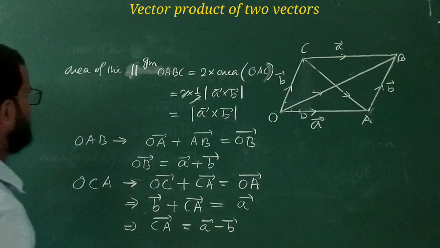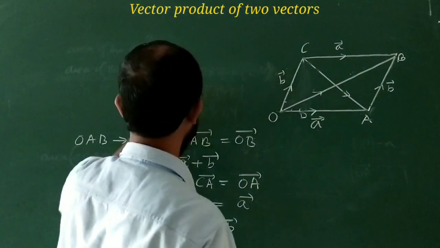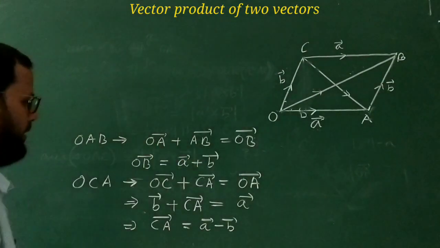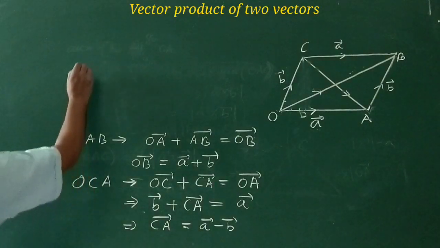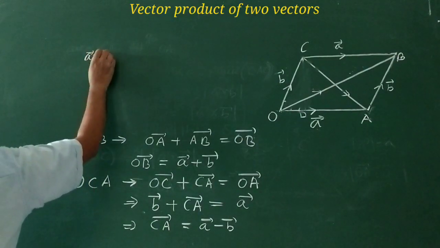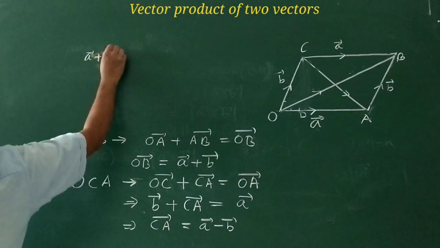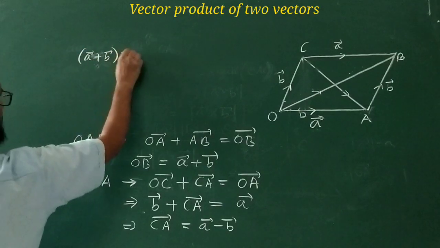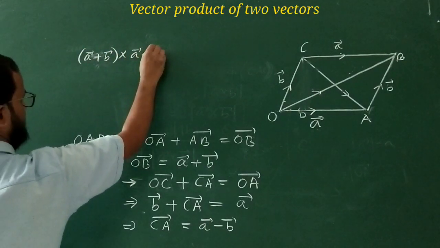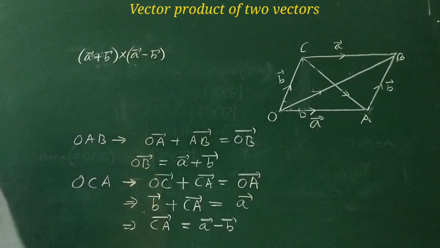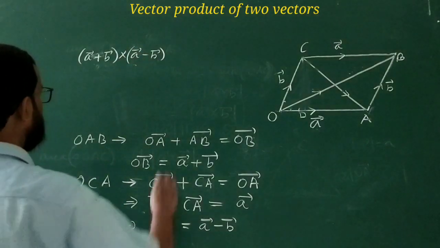Now one interesting result we are going to develop. Suppose we take A vector plus B vector cross A vector minus B vector. What will it be?